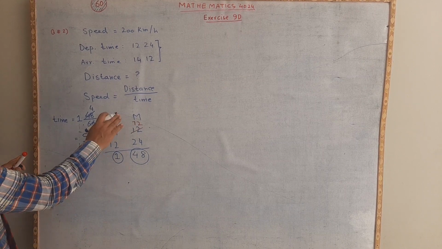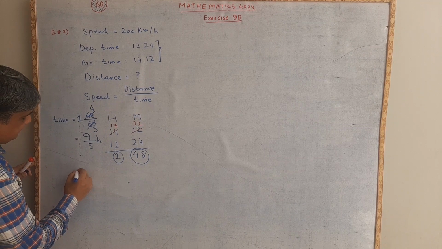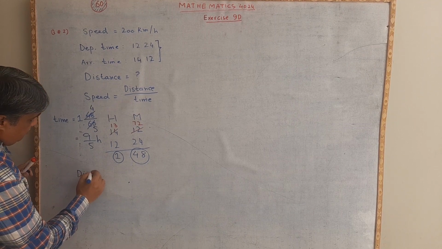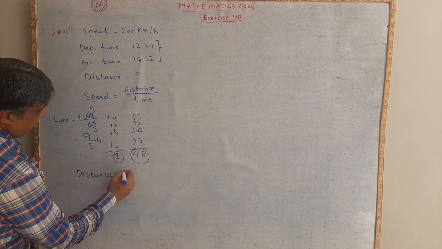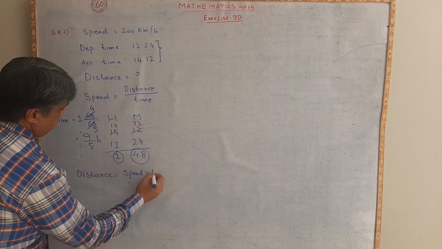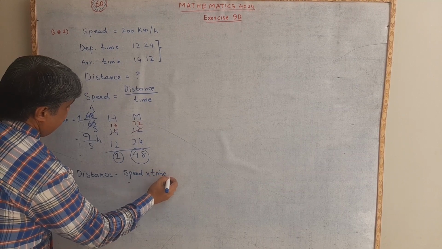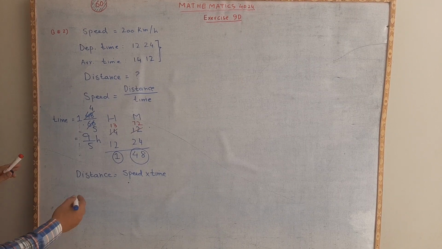Now we are coming to this formula, and because we are finding the distance, we have to make distance the subject, and we will remain with speed multiplied by time.